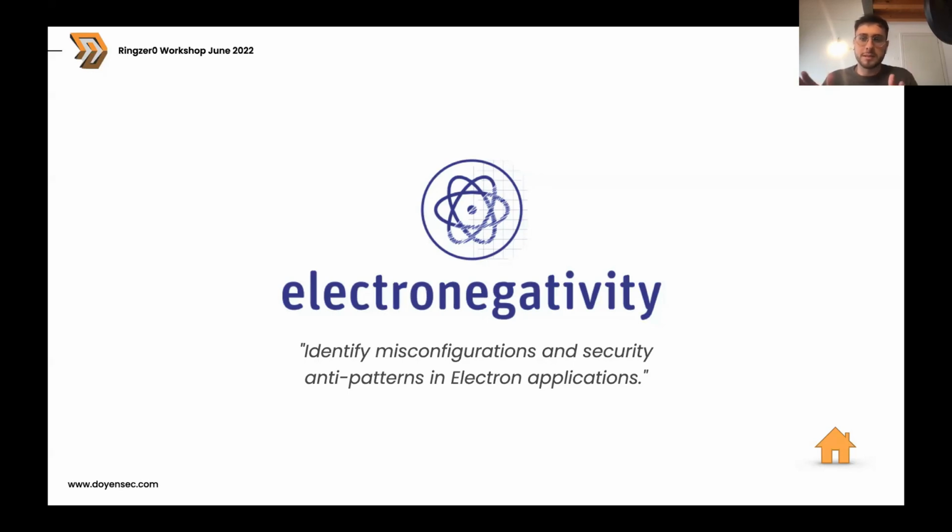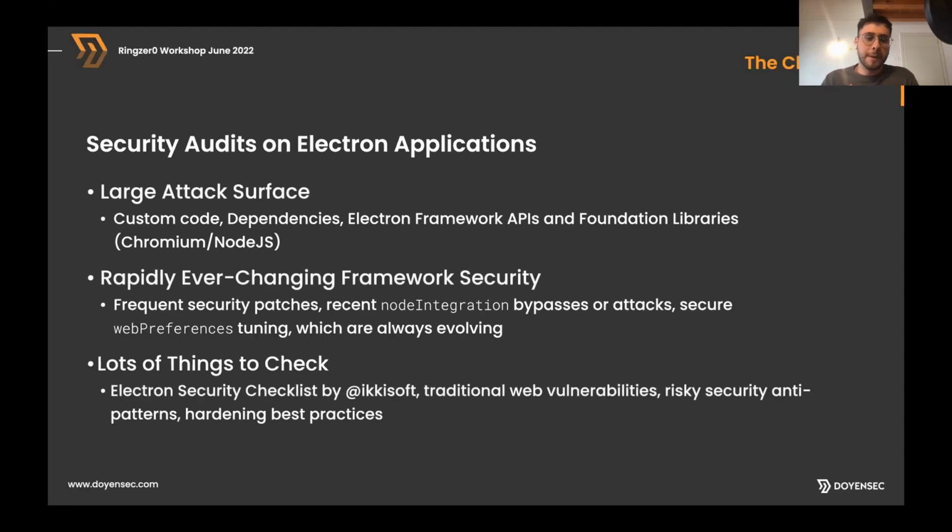So this is currently the best tool on the market, and since it's open source, it allows you to achieve this automation. As anticipated by Luca, you may know from experience that performing security assessments on Electron applications can be a really daunting task if you don't know how to approach it, or what are the most common vulnerabilities to look for.